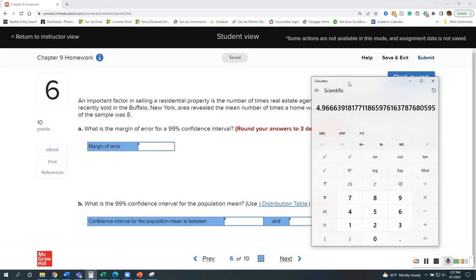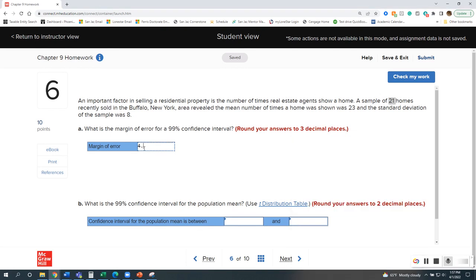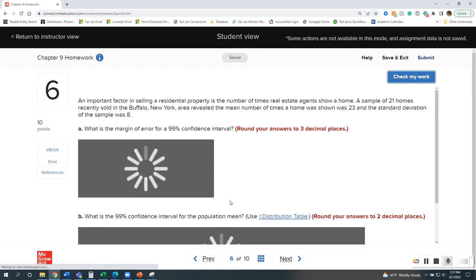Rounded to 3 decimal places, we get 4.967. Check.